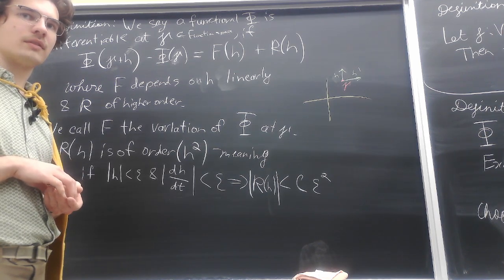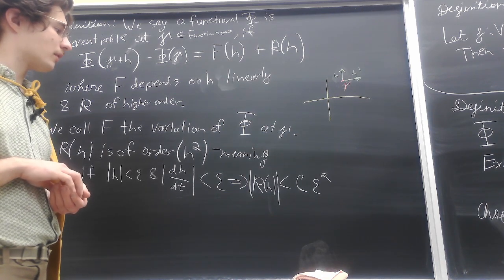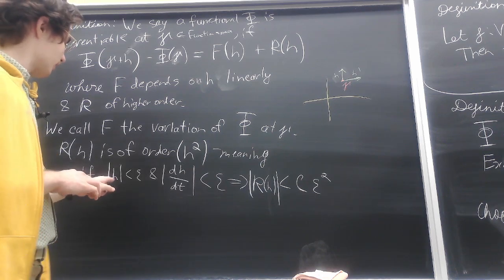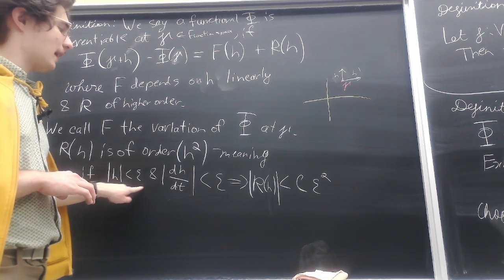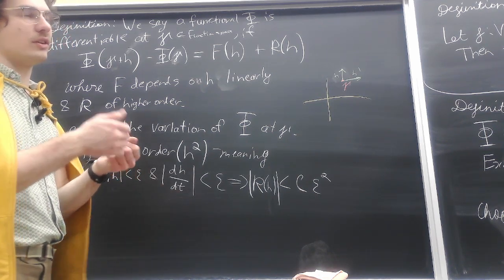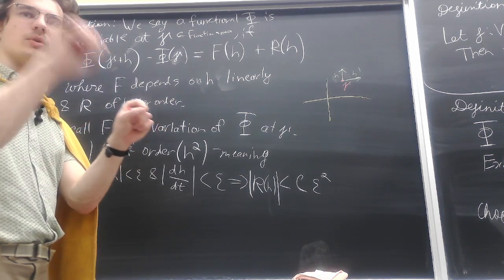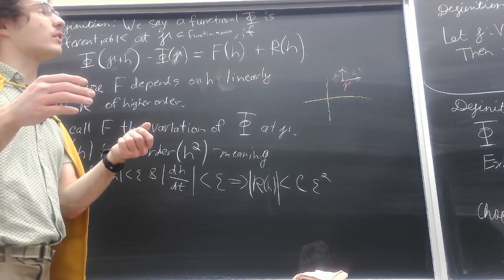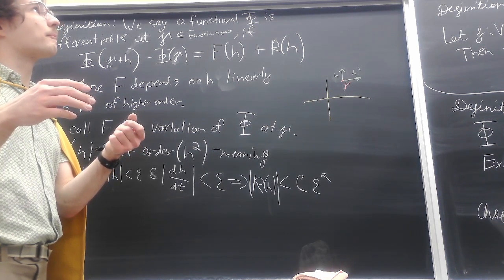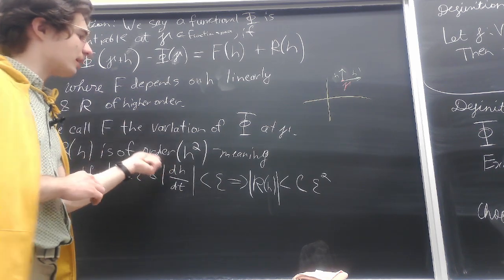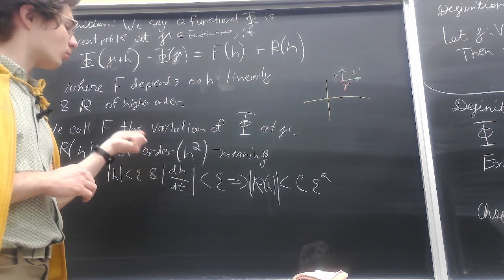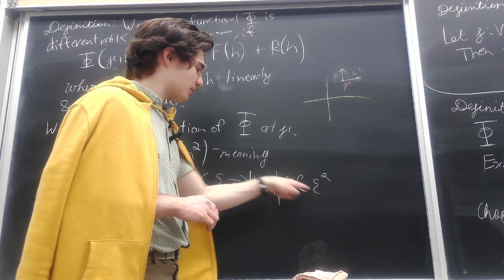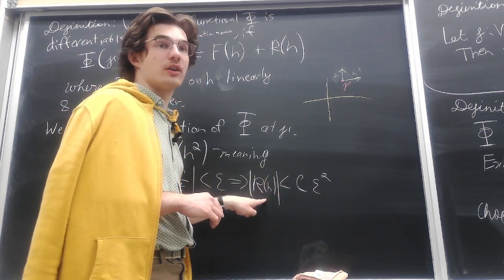Why is there an epsilon squared here? Well, because if h is less than epsilon, and the derivative is always less than epsilon, then if you go epsilon away, sorry, this is just the condition for R to be of order h squared.